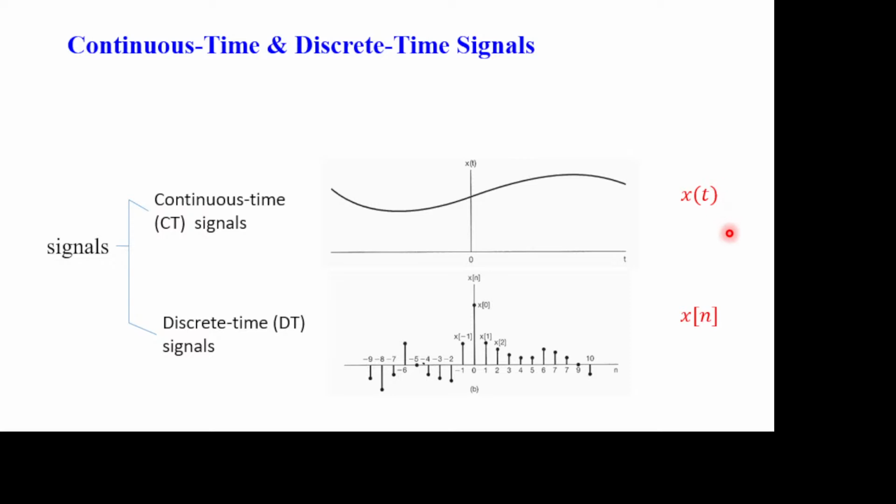If you have parentheses on your variable t, then it's continuous, and if you have brackets, then it's discrete. So continuous time is x of t, and discrete time is x bracket of n. And usually we'll use n instead of t for discrete time.